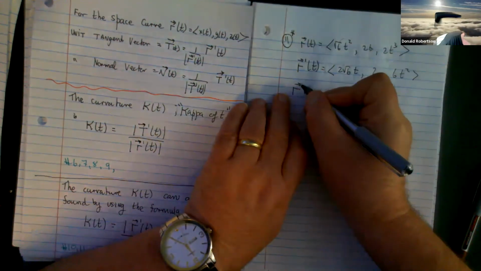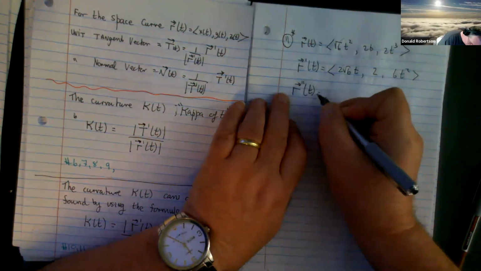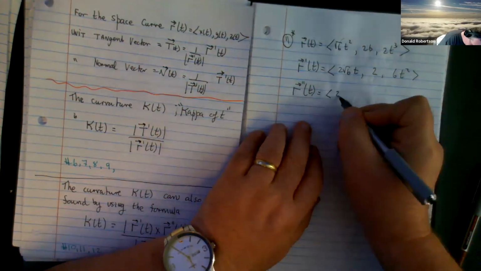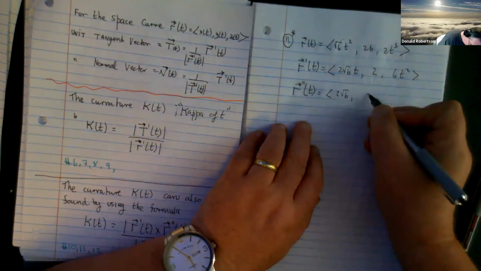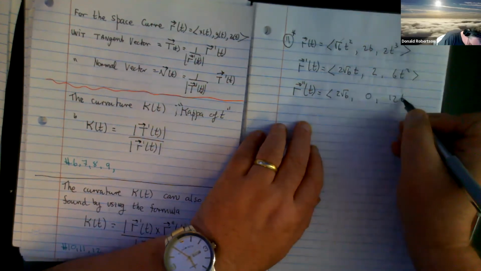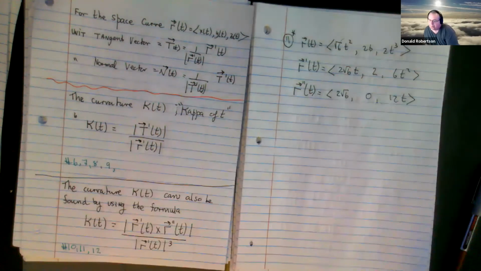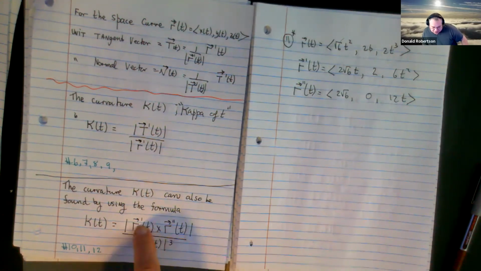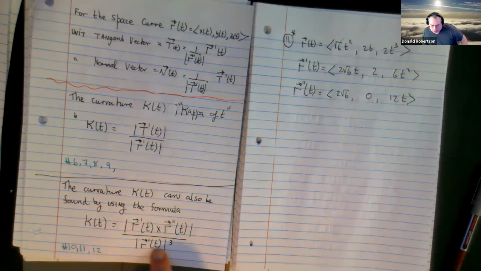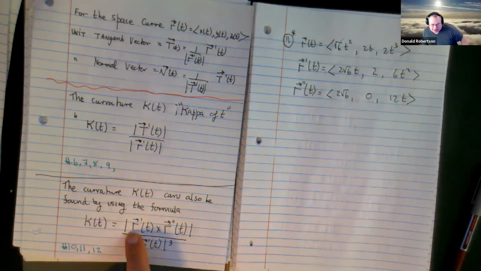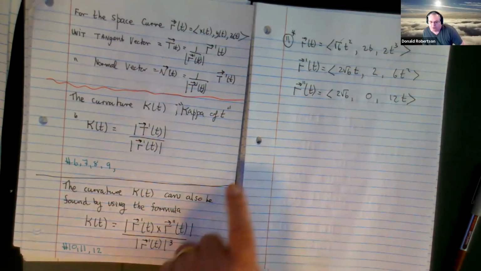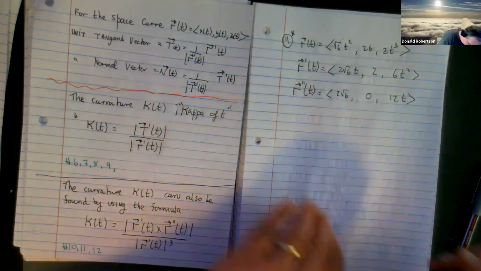Second derivative is just differentiate that. 2 root 6, 0, and 12t. Again, you comfortable with that? This is a bit messy. This isn't anywhere near as messy. I need to find the cross product of these two, so that's where I'm going next.